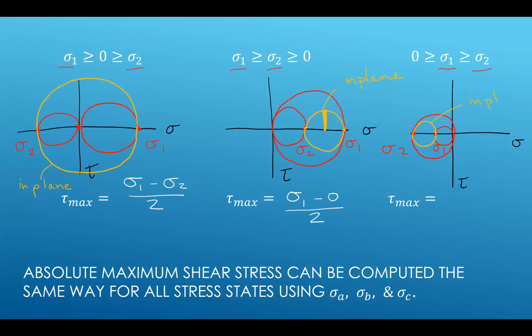So this is the in-plane rotation. This is what we previously calculated as our in-plane maximum shear stress. But now our absolute maximum shear stress, you can see, is the radius of the circle that contains sigma 2. So that is calculated sigma 2 minus 0 over 2.